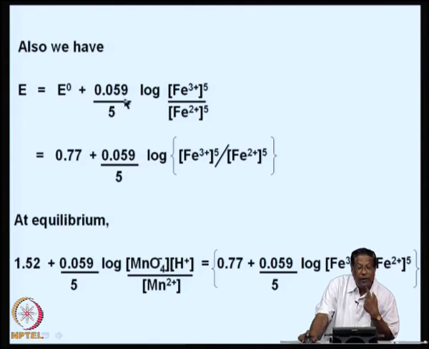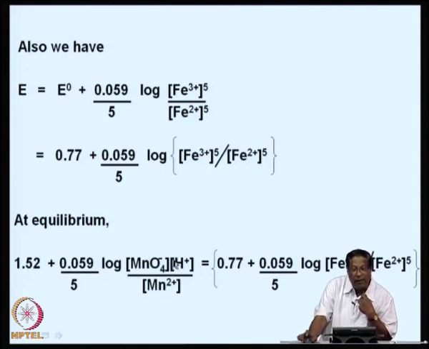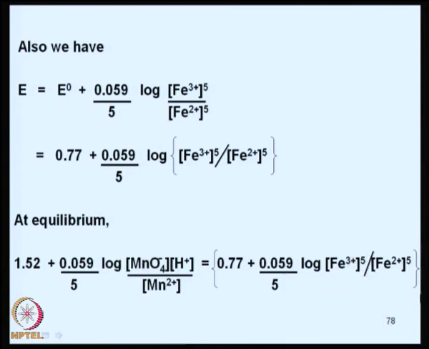So, E is equal to E naught plus 0.059 divided by 5 times the logarithm of ferric to ferrous. So, I can write like this, and at the equilibrium both the manganese side and the ferric, iron side can be equated.